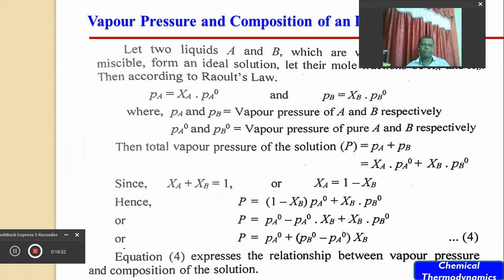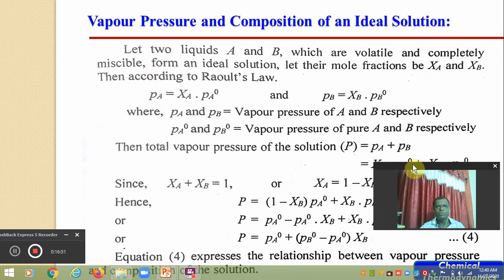Dear friends, we have just seen what Raoult's law is, how it gives the relationship between vapor pressure, partial vapor pressure and the mole fraction, as well as the vapor pressure in the pure state of the same component. At the same time, we are interested in studying the relationship between the vapor pressure and the composition of the ideal solution.